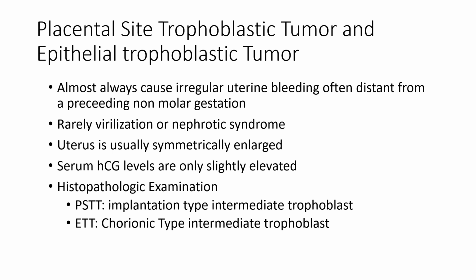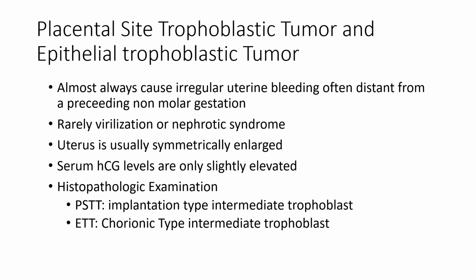Specific malignancies would be your PSTT or placental site trophoblastic tumor and your epithelioid trophoblastic tumor. These are almost always a cause of irregular uterine bleeding, often distant from a preceding non-molar gestation. They rarely virilize or cause nephrotic syndrome. Uterus is usually symmetrically enlarged, and your serum HCG levels are only slightly elevated.